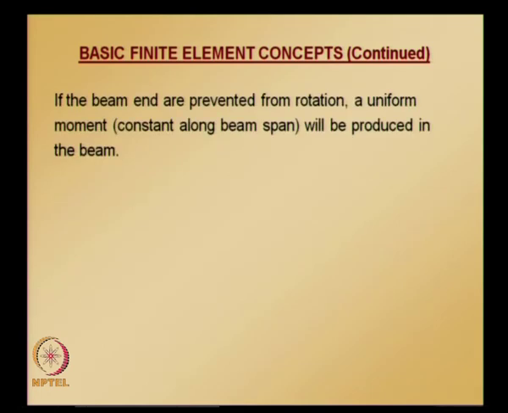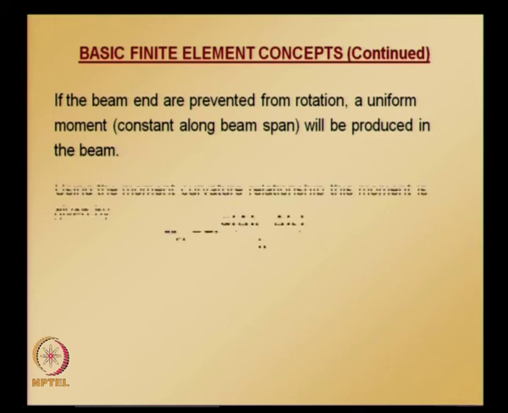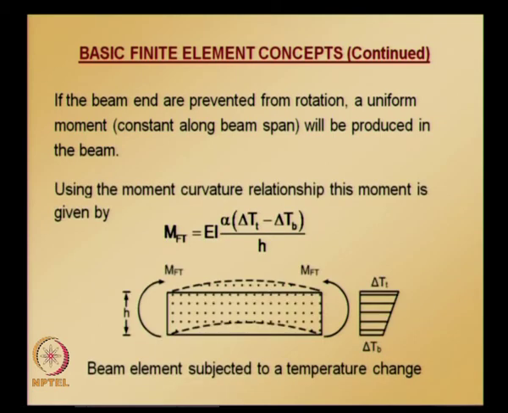And if the beam ends are prevented from rotation, so whenever there is a curvature, the beam tries to undergo some rotation, a uniform moment, which is constant along the beam span, will be produced in the beam, and this moment is given by this one.